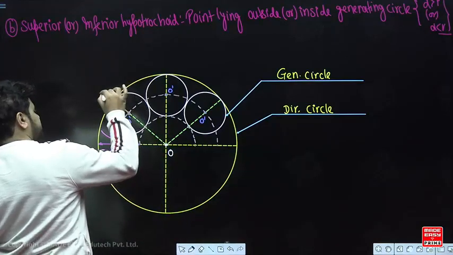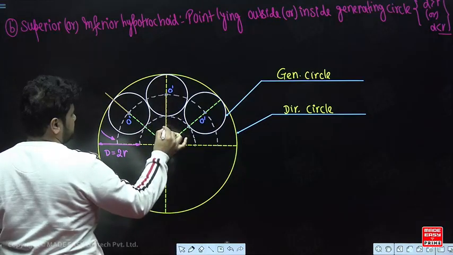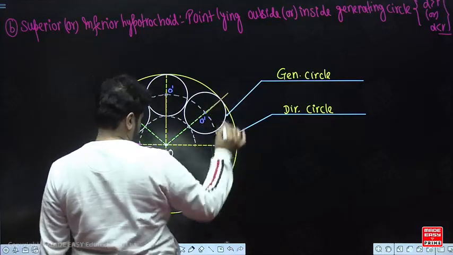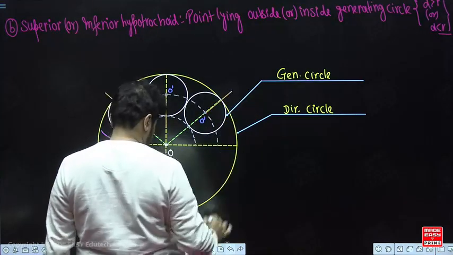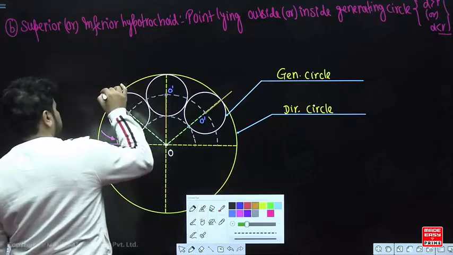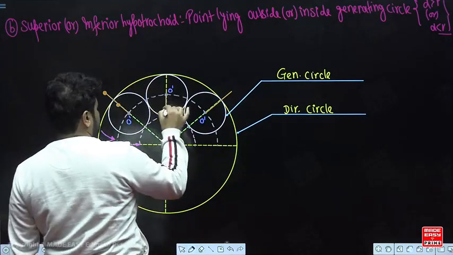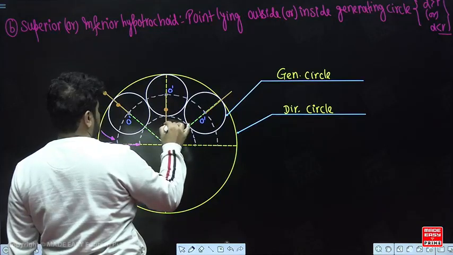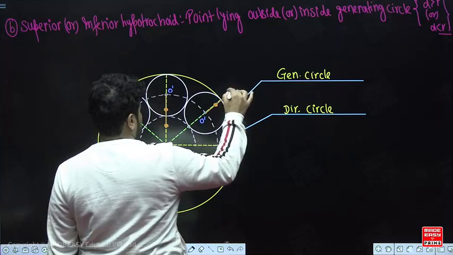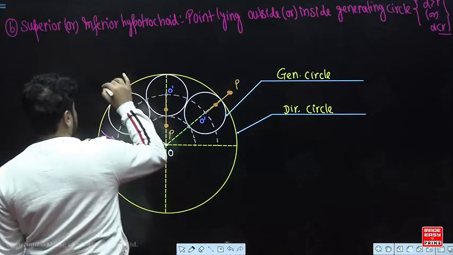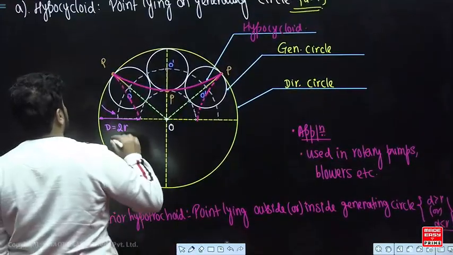Hypocycloid. So these are the relative positions of the points. Did I show D equal to R in this?